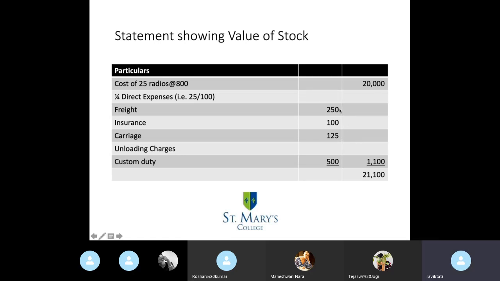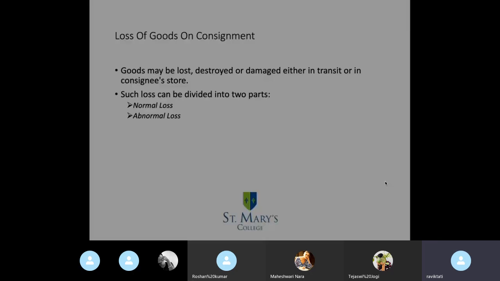All the direct expenses of both the consignor and the consignee are included to calculate the cost of the units left over. Actual cost is 20,000 and this 1100 is the expenses incurred to make these goods available in good condition to the consignee. The total amount is 21,100, the total value of the closing stock.